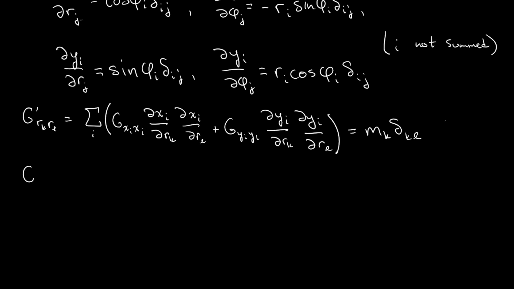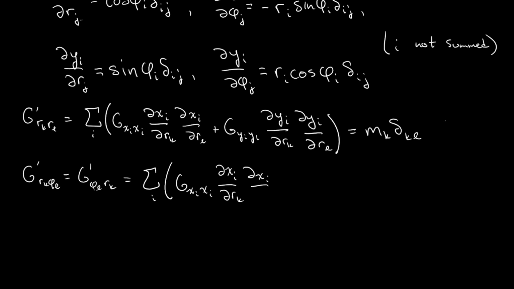The other one that we find is G prime r_k phi_l, which is equal to, remember I said these are symmetric, the same thing here: the sum of G_xixi ∂x_i/∂r_k ∂x_i/∂phi_l plus G_yiyi ∂y_i/∂r_k ∂y_i/∂phi_l.